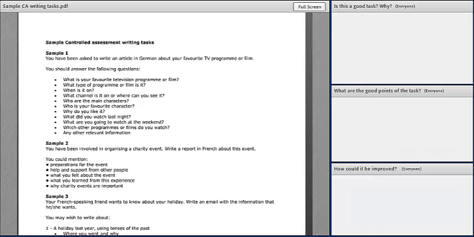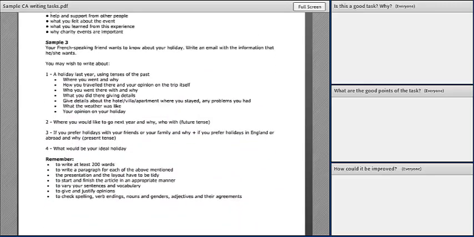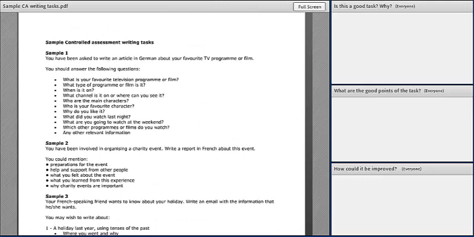Basically, there are 3 tasks there, which are ones which examiners have come across, or perhaps which I've seen on Ask the Expert or something. And what I would have done, had we had the time, is to ask you to examine them, think of what is good about those tasks and what could be perhaps even better.